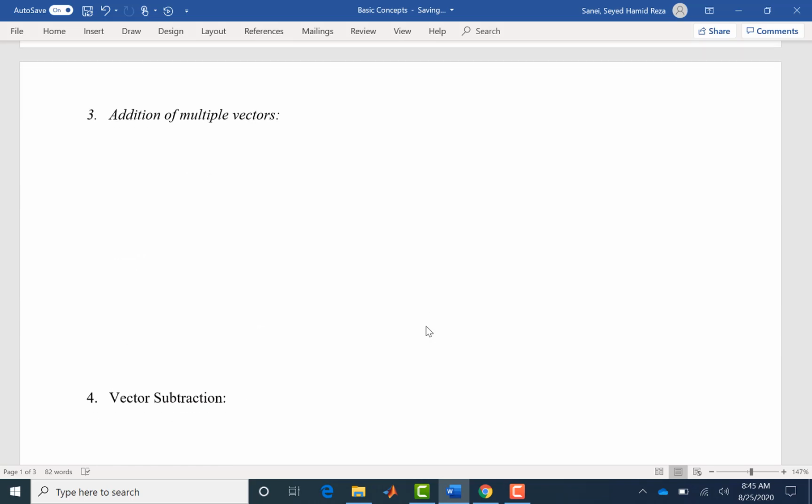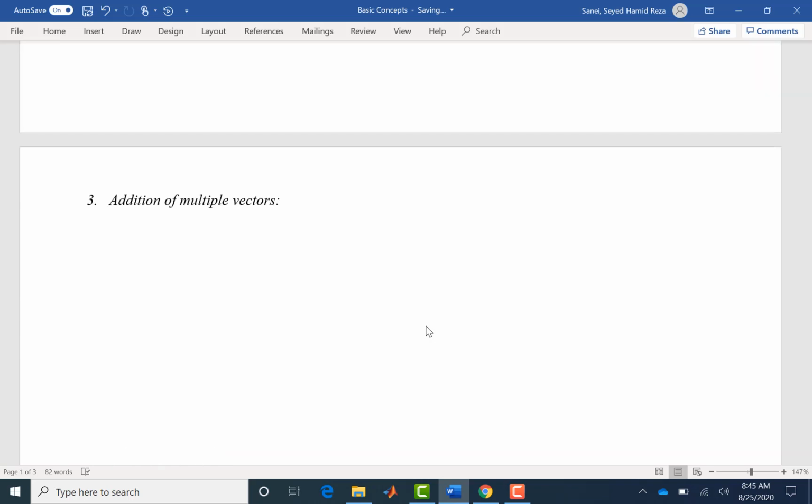What if we have multiple vectors? So that was for 2 vectors. What if we have 3 vectors or 4 vectors? So you could do the same thing. Let's say I'm going to draw vector F1 here. That's force F1, F2, and F3. We show forces by F, denoting force. If I want to add them together, I have 2 methods.